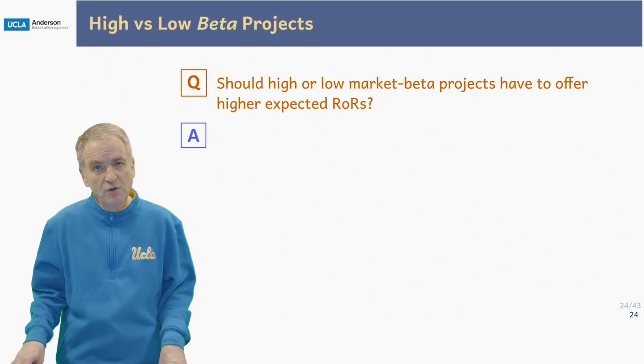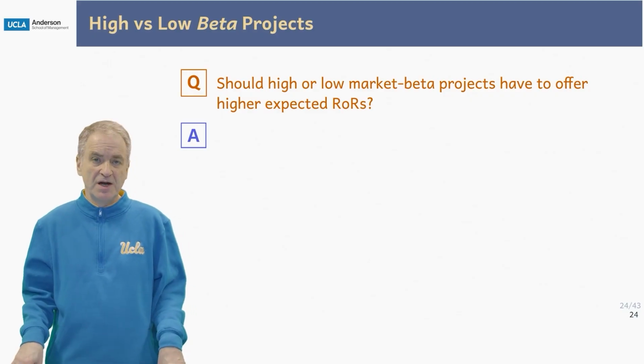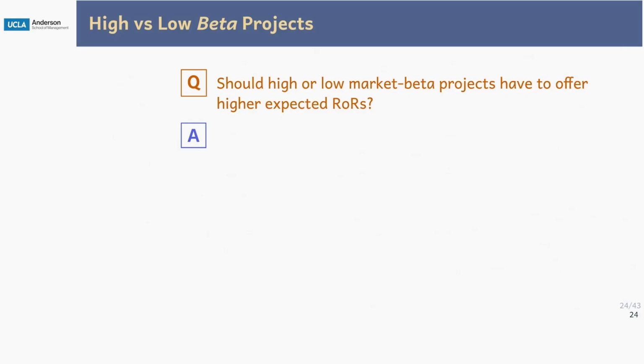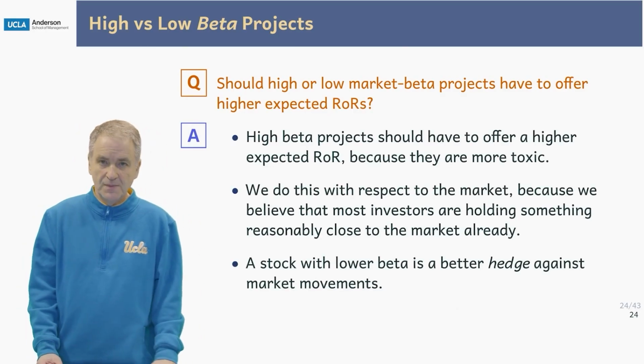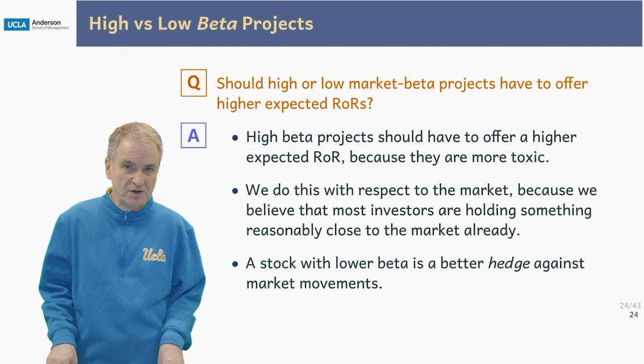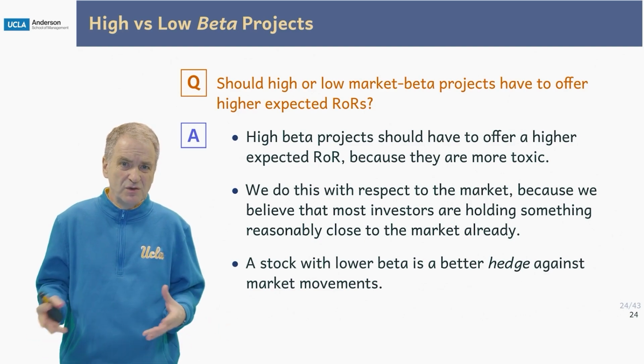Should high or low market beta projects have to offer higher expected rates of return? Please pause this video now, answer the question on a piece of paper, and then continue. High beta projects should have to offer higher expected rate of return because they are more toxic. You don't like them as much.